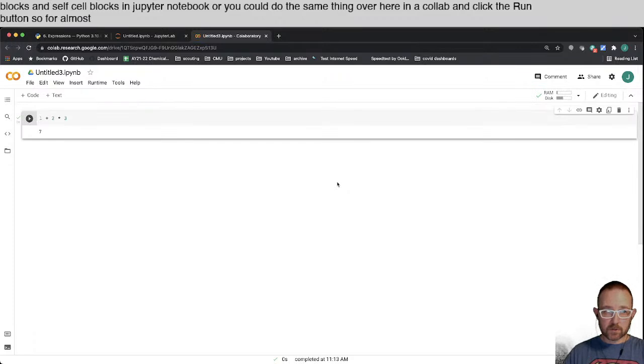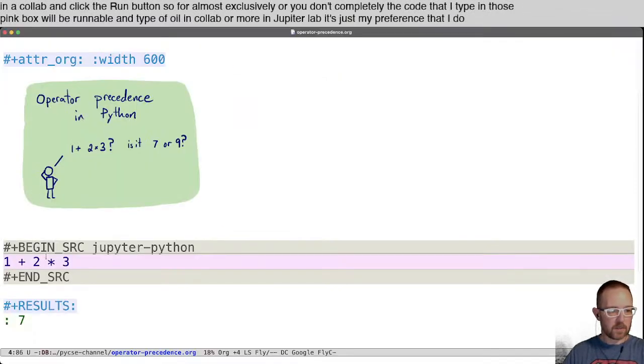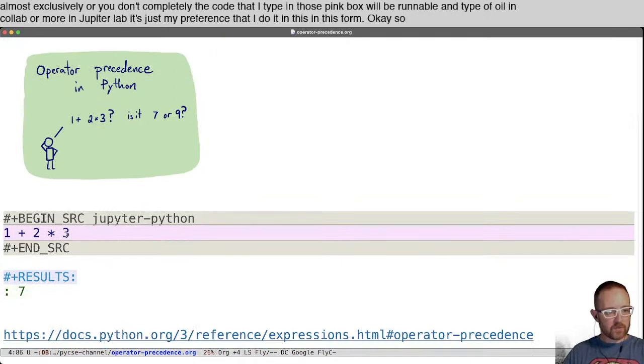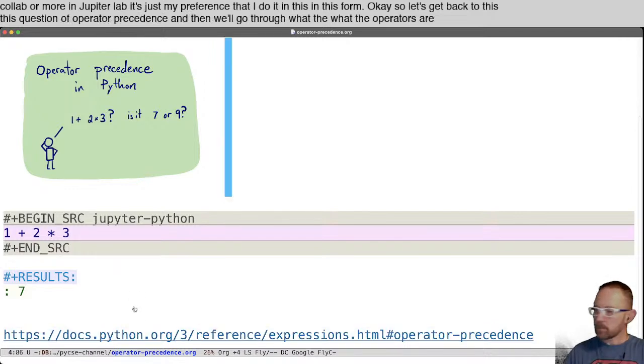Almost exclusively or completely, the code that I type in those pink blocks will be runnable and typable in Colab or in JupyterLab. It's just my preference that I do it in this form here. Okay, so let's get back to this question of operator precedence, and then we'll go through what the operators are.